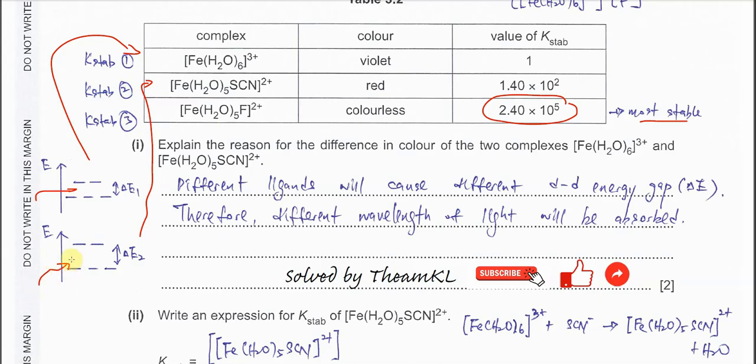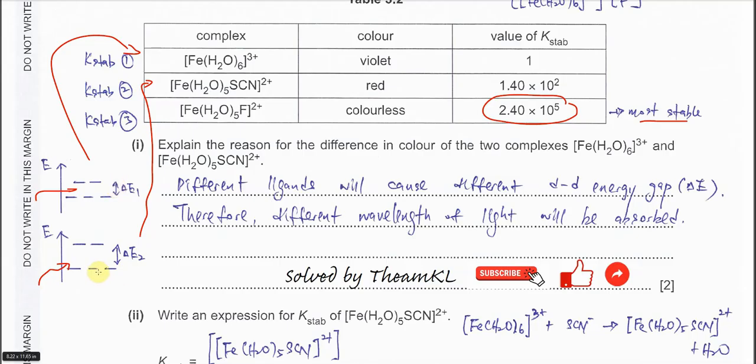The electrons in the lower-energy orbitals will absorb the light and undergo excitation. Which means the delta E is different, so the electrons will absorb different wavelengths.